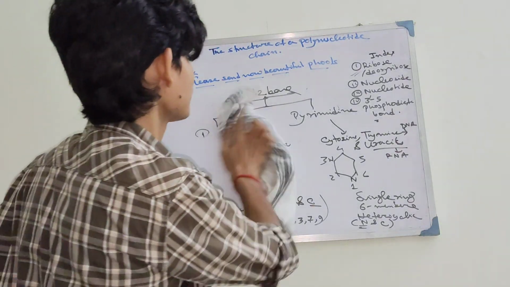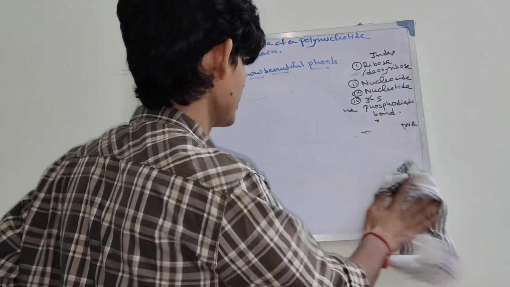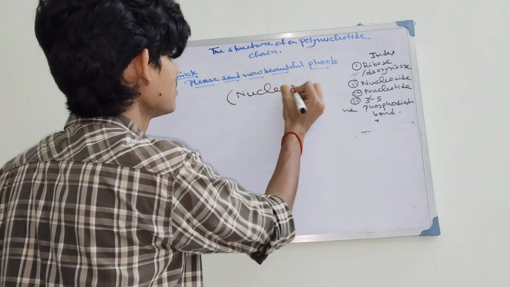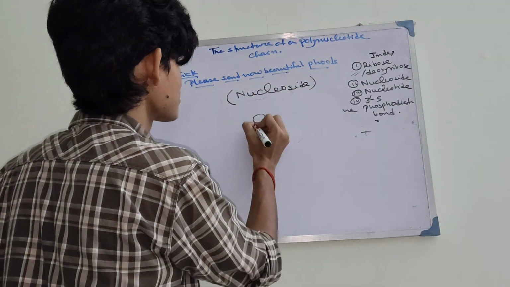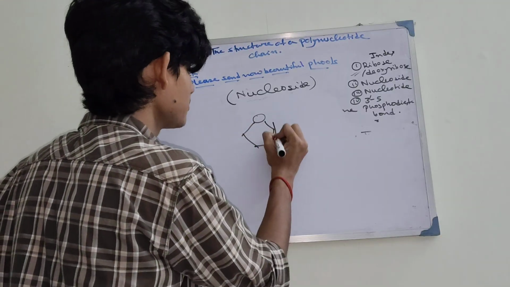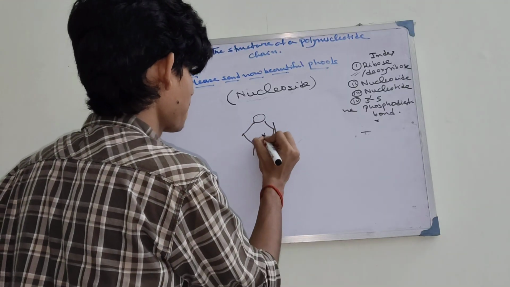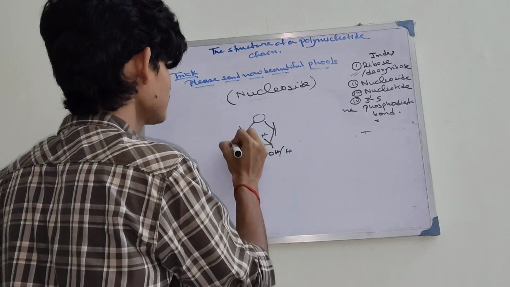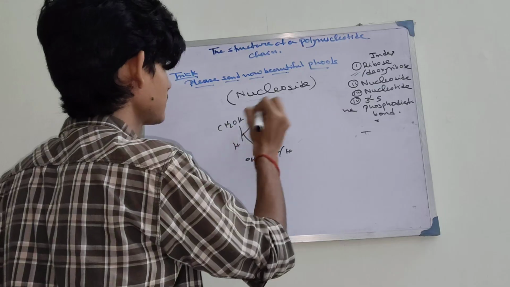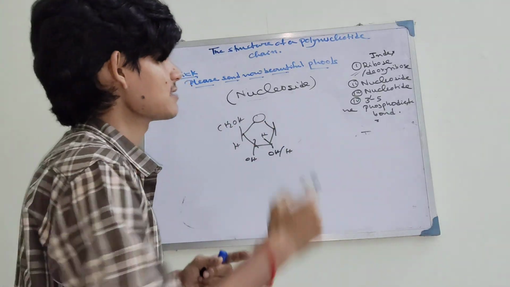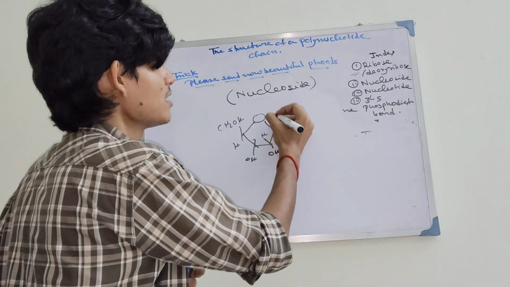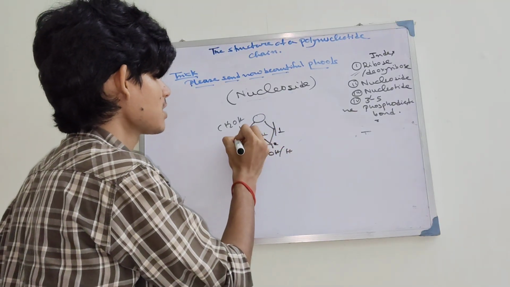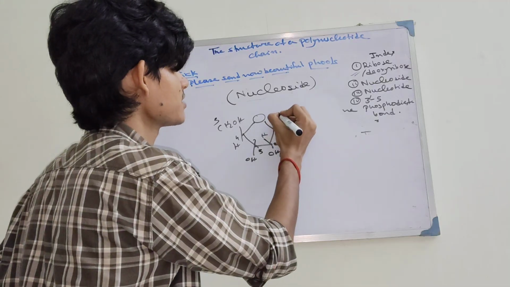Now we will make a nucleoside. I have told you OH or H at carbon 2 according to DNA or RNA. So when we attach the nitrogenous base at the OH group of carbon 1, let's attach a nitrogenous base.